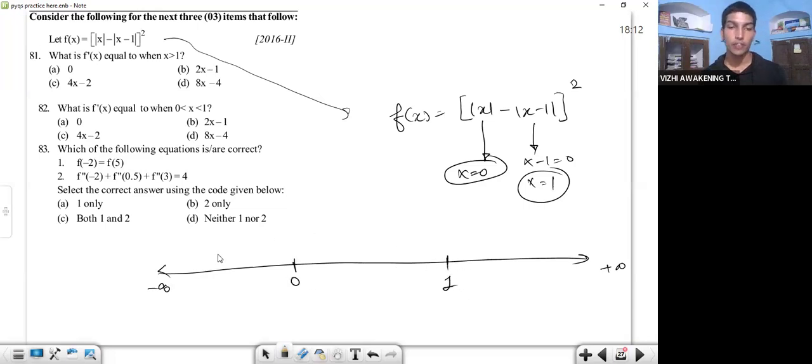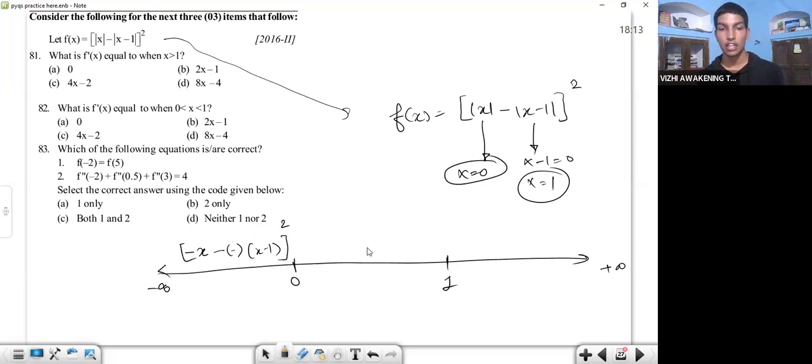So for any value of x which is less than 0, the function will turn as minus x and minus of minus, minus into minus, so that there is an effect of the modulus function, into x minus 1 whole square.